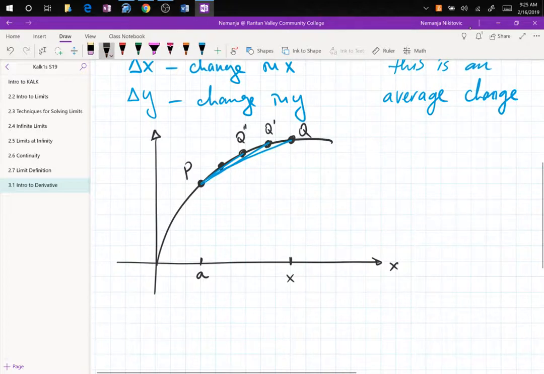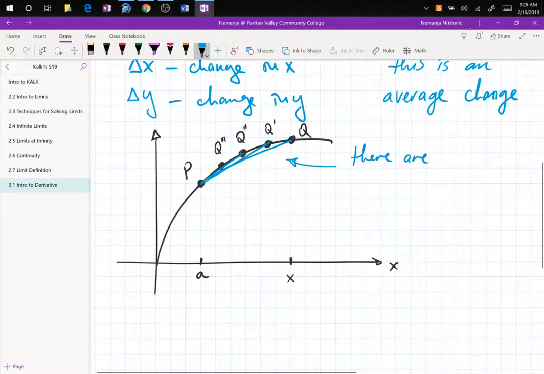This is just how it moves in time. So you can calculate the slopes of every single one of these secant lines.